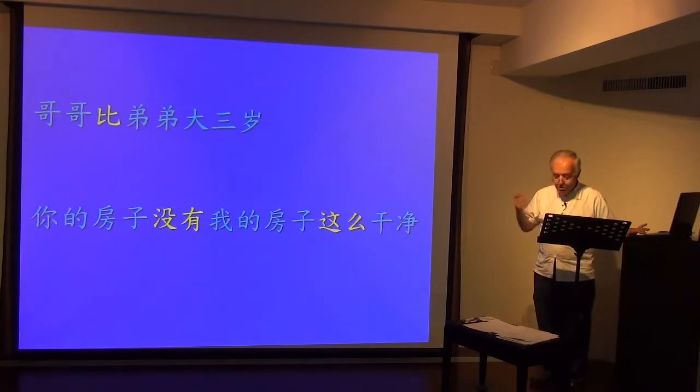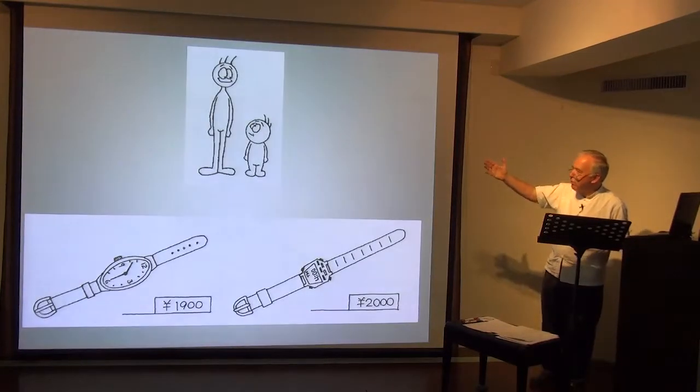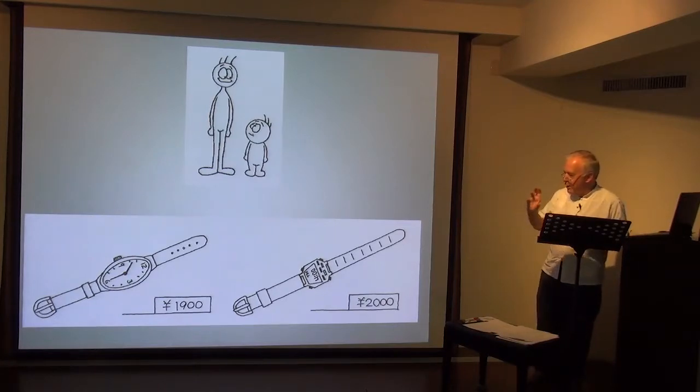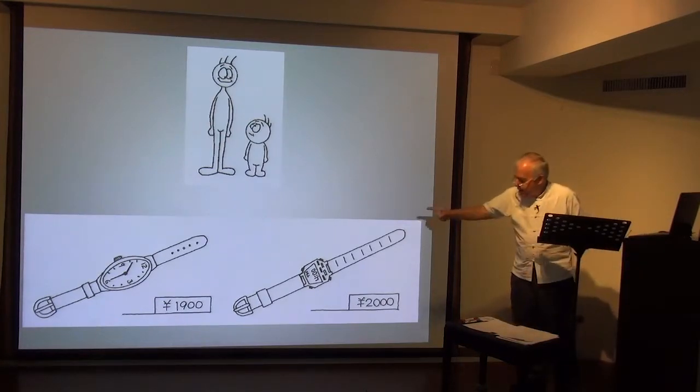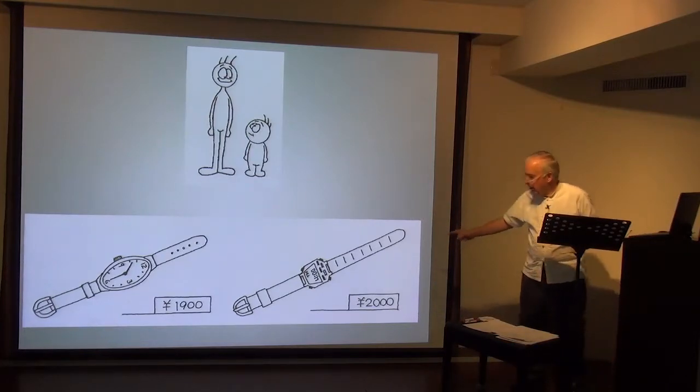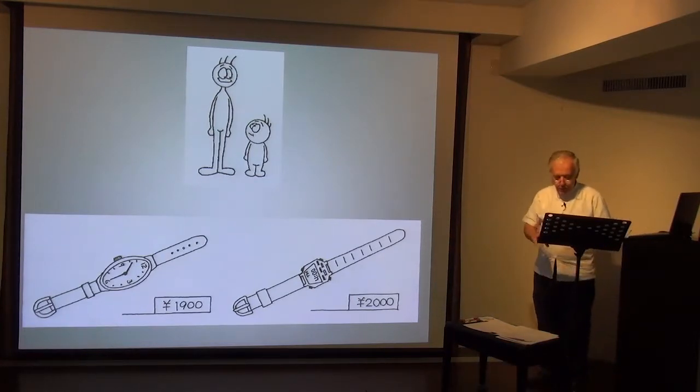And so, to practice, pictures are helpful. 哥哥比弟弟大, and if you want to say how much as regards age? 哥哥比弟弟大5岁. Using the A 没有 B, 这个手表没有这个手表贵.